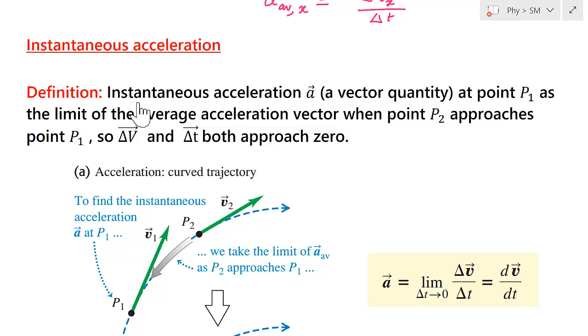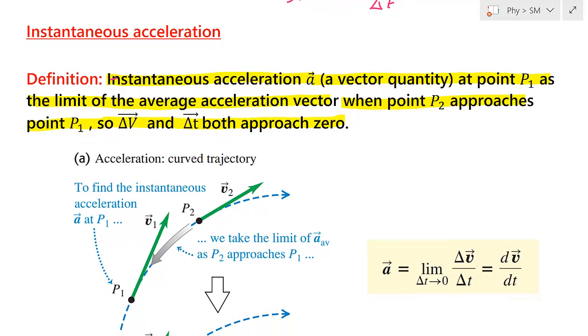So this is instantaneous acceleration: a is a vector quantity at point p1, defined as the limit of the average acceleration vector when point p2 approaches point p1, so delta v and delta t both approach 0.